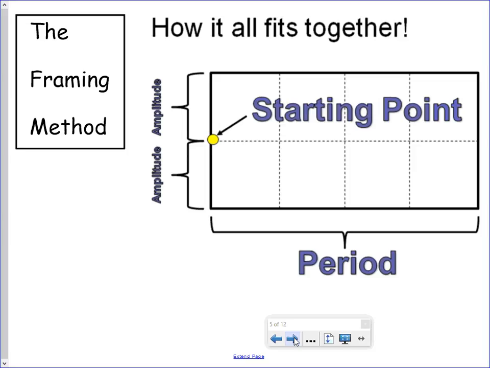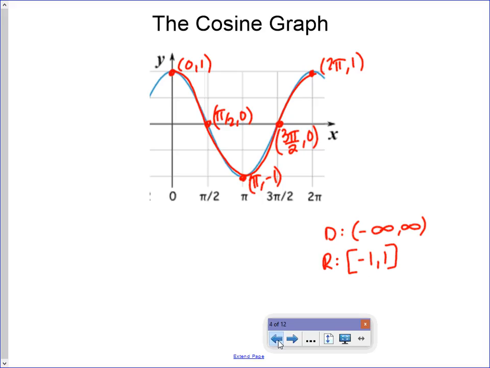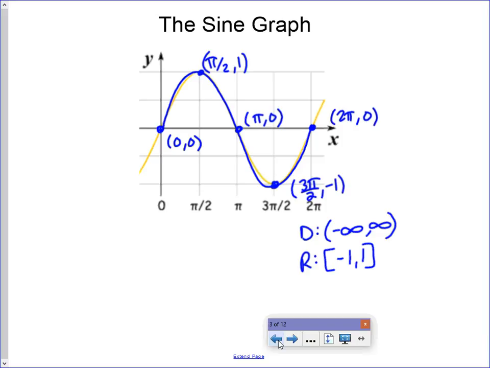If you think back to sine and cosine, and we're going to fill this in on those four rectangles momentarily, sine starts at the midline of what we would consider the frame, the rectangle that we're going to house our trig function in. And even if I did a reflection, sine would start at that same 0, 0 point.